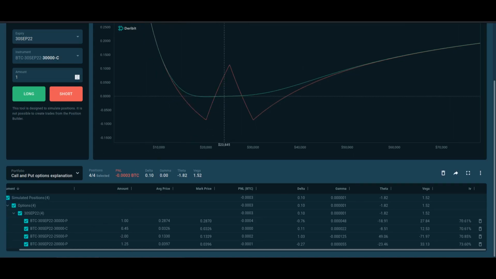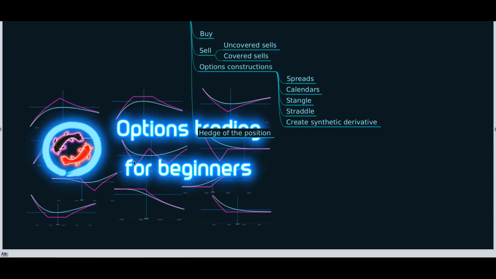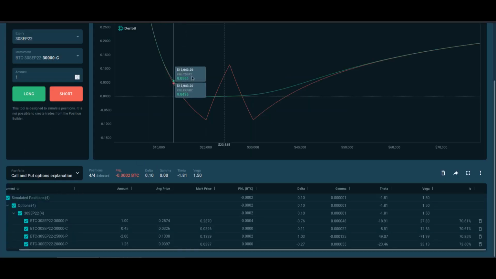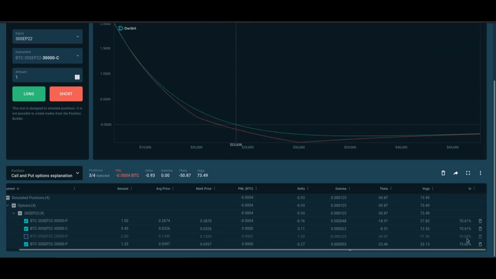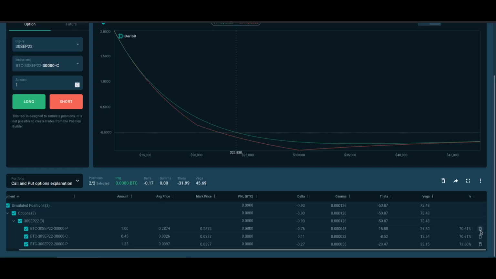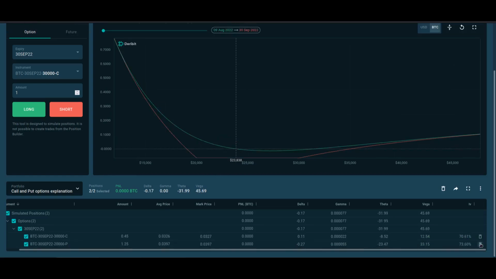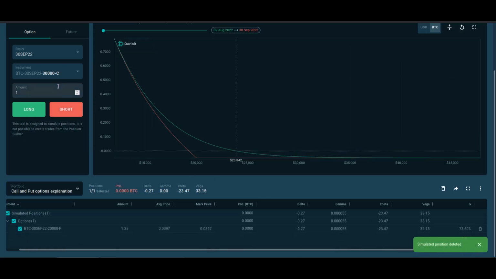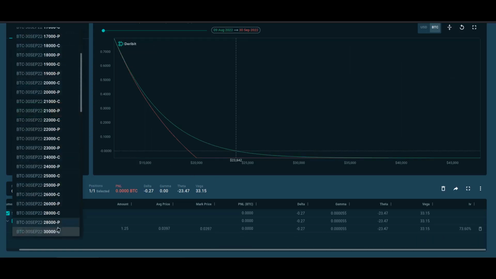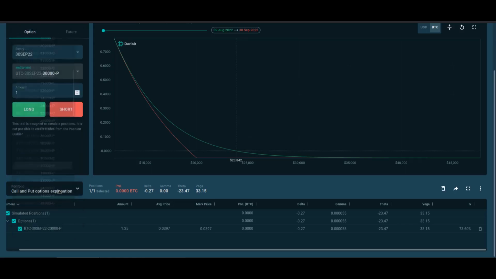So let's return to the straddle. A straddle basically looks like the strangle, but we use different strikes. Let me clean up. Okay, let's buy a put. Okay, call, it was correct.